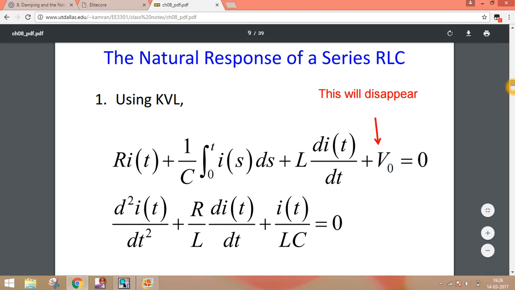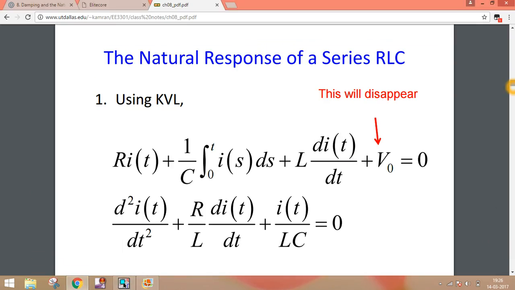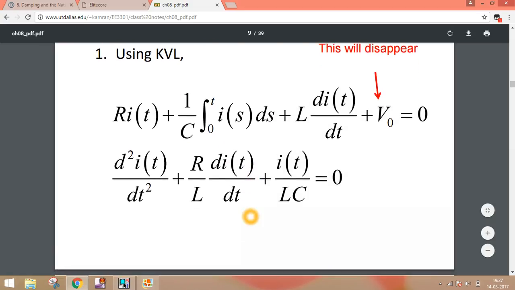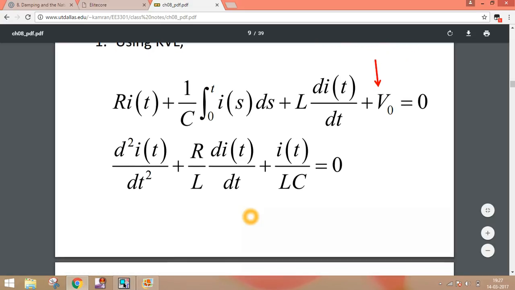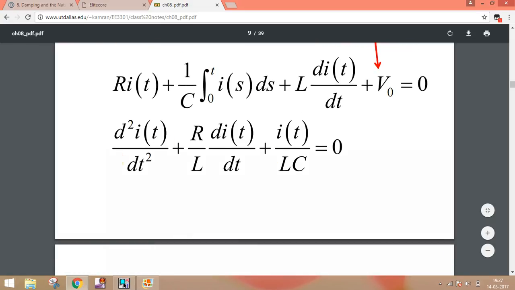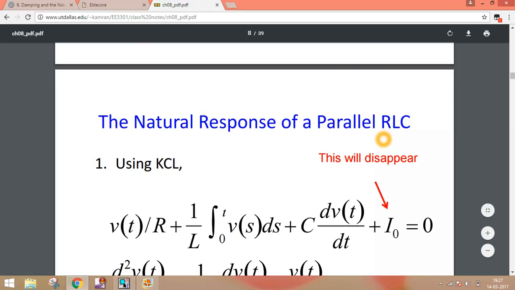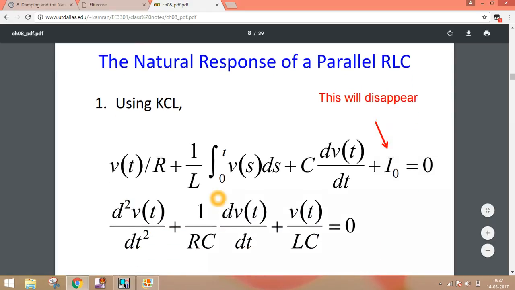Now you can see this is the method of finding current. Here using KVL you can see, I think you studied this in the theoretical part, and this is our equation for the series RLC circuit. Similarly you can also do it for the parallel RLC circuit. This is for the parallel RLC circuit.